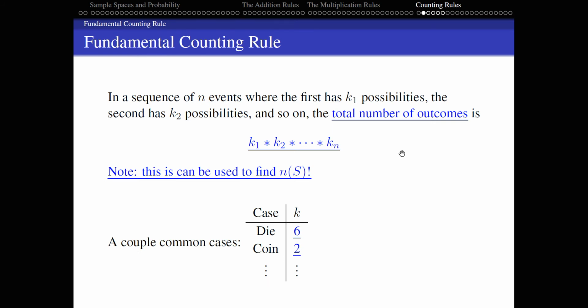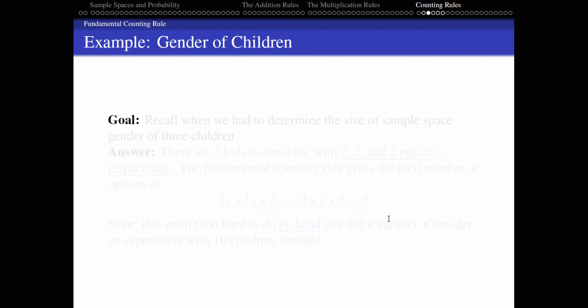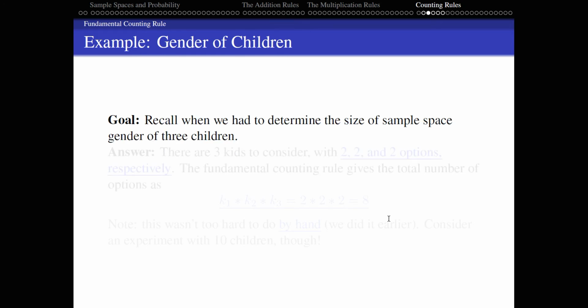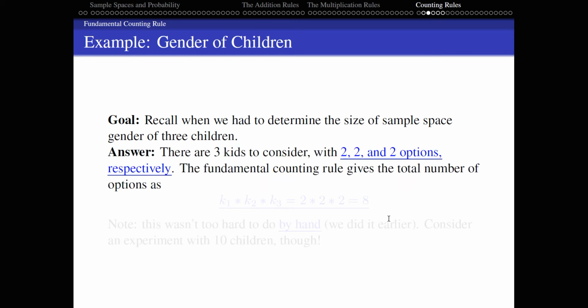A couple of common Ks: for a die, we have 6 total options. For a coin, we have 2 total options, etc. So these are some Ks that we can deal with. For instance, recall when we looked at the sample space of the gender of 3 children. There are 3 events, child 1, child 2, child 3, and each of them has 2 possible options.